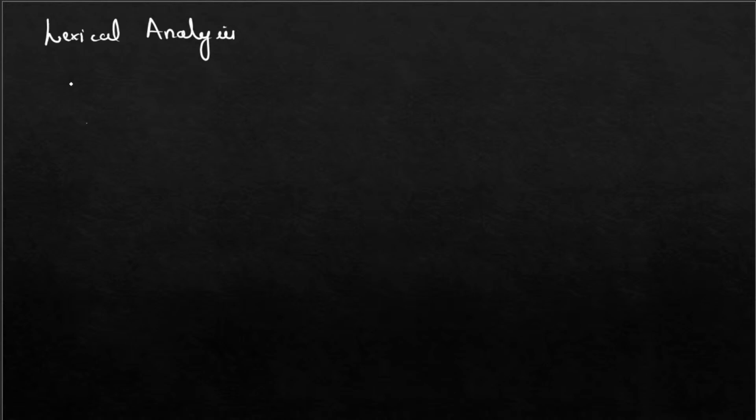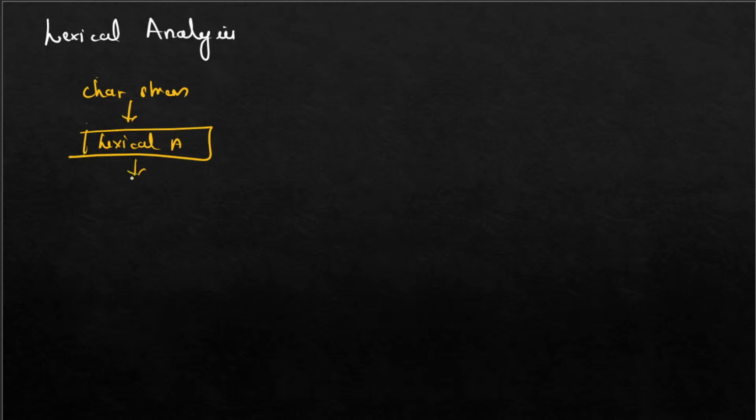So this is the flow: the character stream, then the lexical analyzer, after that it generates the token stream.